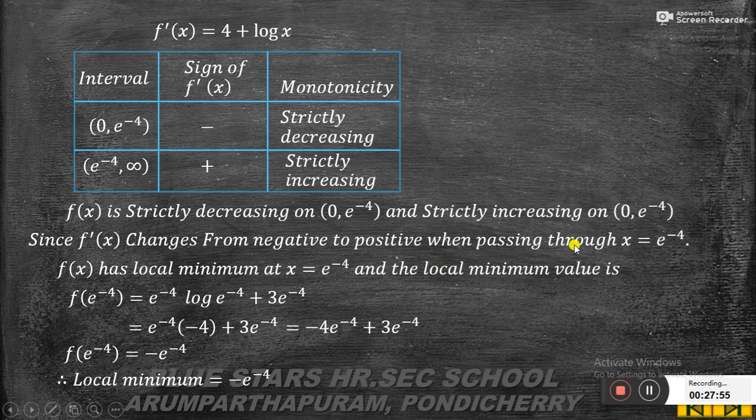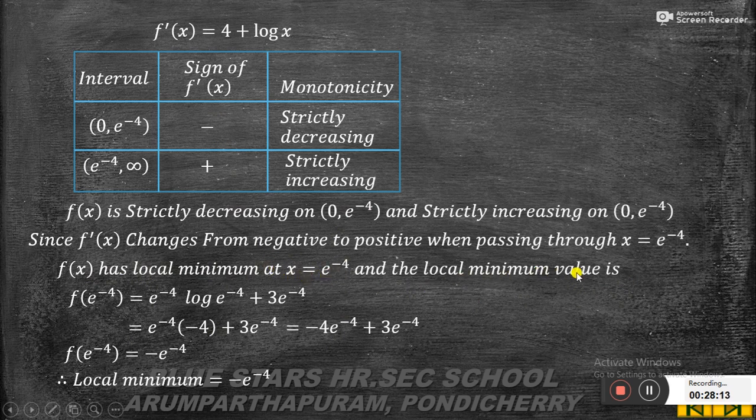We write: when passing through x equal to e power minus 4, f of x has a local minimum. Minus to plus means local minimum, plus to minus is local maximum. So local minimum at the point x equal to e power minus 4.